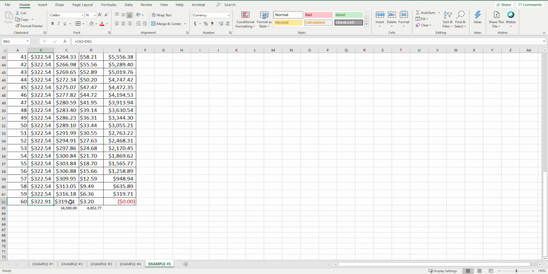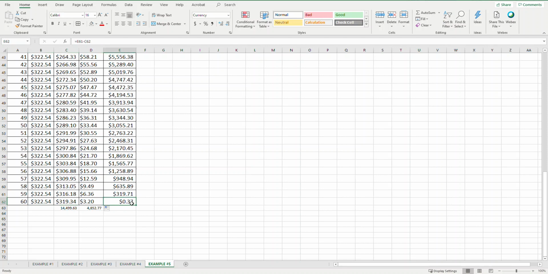Because if I change my payment to $322.54, then see how the principal that was paid is $319.34. Why is that? Because it's basing it on the payment being the same.